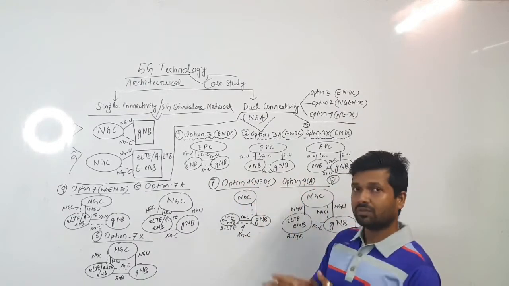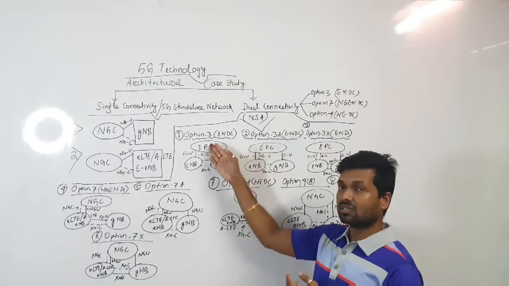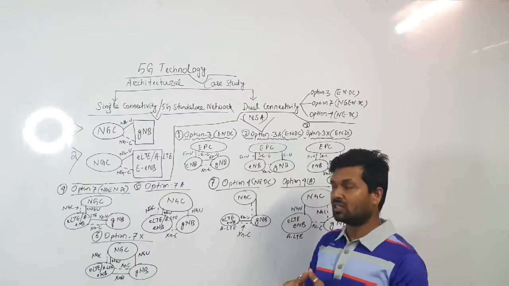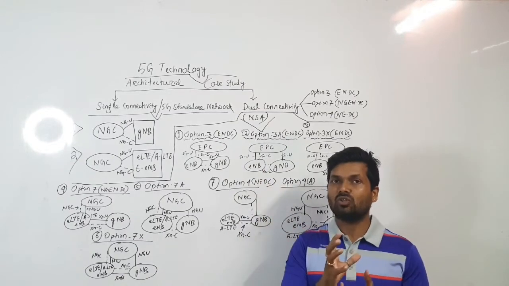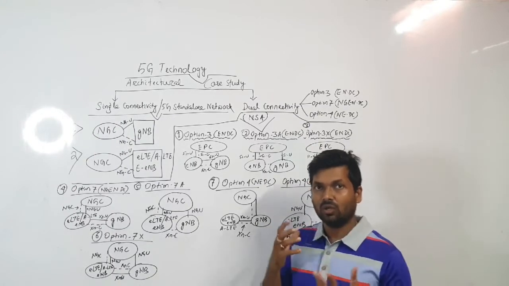So everywhere wherever you see any option 3, dual connectivity EN-DC, that means it's an LTE network or LTE advanced network, and then you are just adding the gNode B or the 5G node or the NR, new generation node.